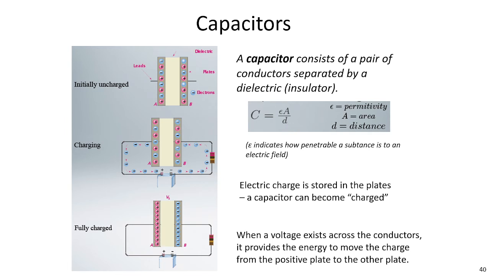We can get the capacitance by this equation. Epsilon is the permittivity of the inner material, A is the area and D is the distance.